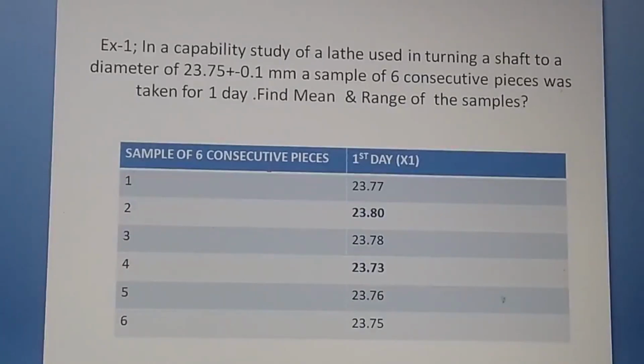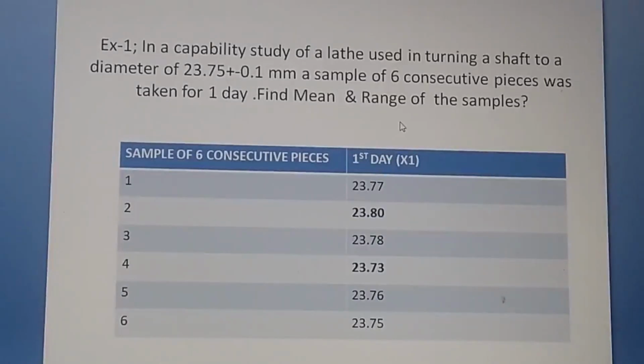All these data should be accurately measured and expressed in numbers. In this example, we have taken a capability study of a lathe producing a shaft by turning operation, and we are measuring a sample of 6 consecutive pieces, whose diameters are measured accurately for the first day, and we have to find the mean and the range for these samples.